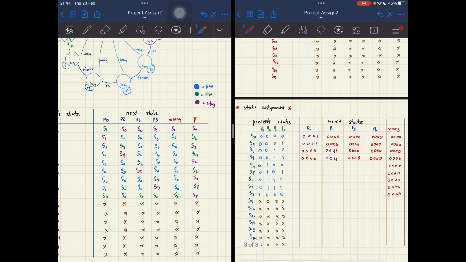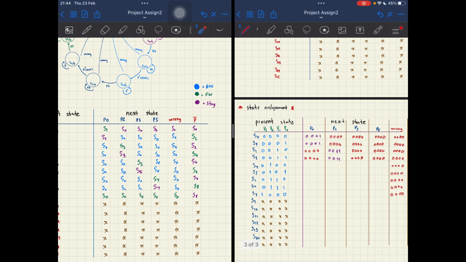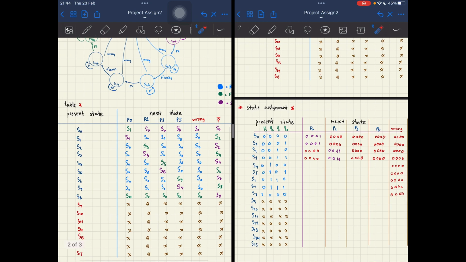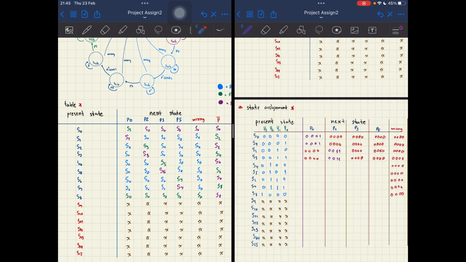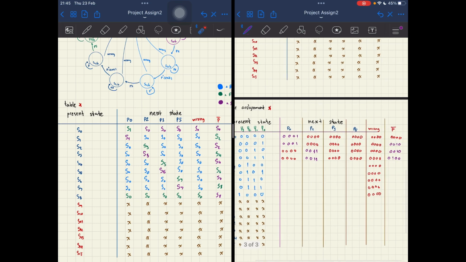Okay, we go back to S4. At S4, if we press 3, it will go to state 5. State 5 means 0, 1, 0, 1.